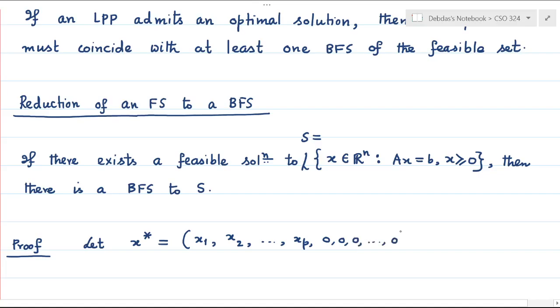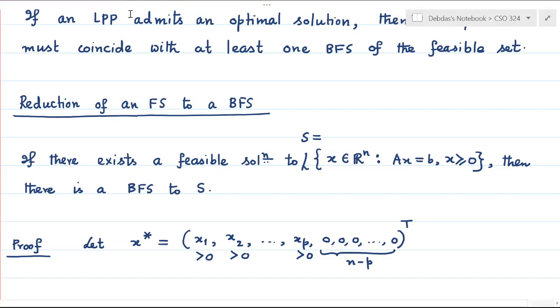Here are n many components, here you have n minus p many zeros, and x1, x2, up to xp are all non-zero. Once these are non-zero, they will be greater than 0, because x star is a feasible point to the set S, so x star should satisfy greater than or equal to 0. Therefore x1 greater than 0, x2 greater than 0, and xp greater than 0.